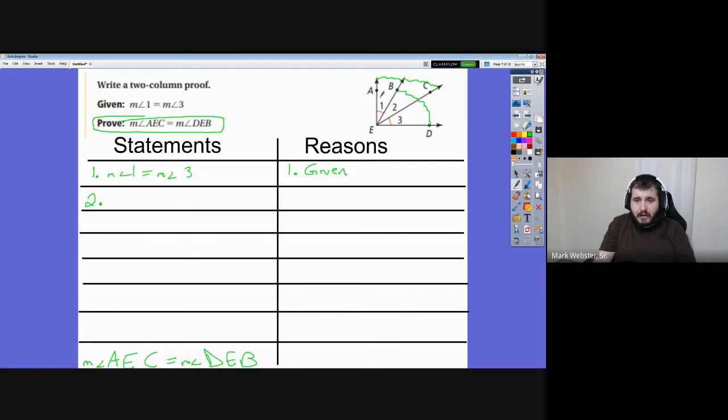Well, isn't angle AEC the same as angle 1 and angle 2? Right? Why is that? Well, part plus part equals whole, right? Isn't that what we talked about last chapter, the angle addition property?